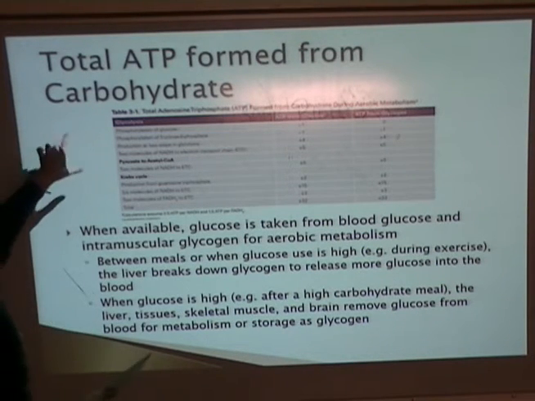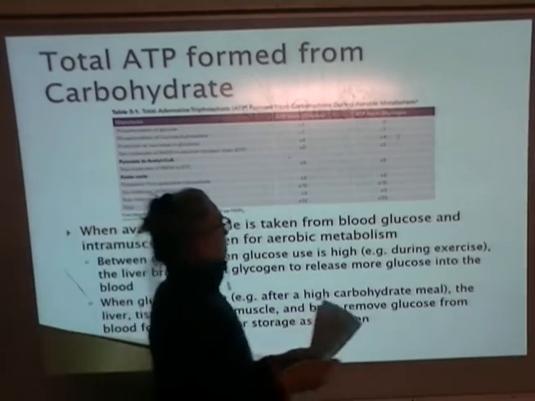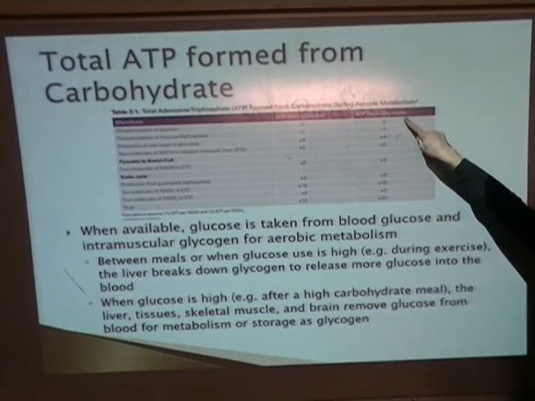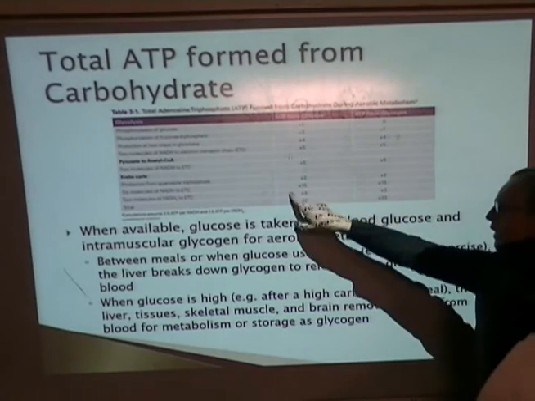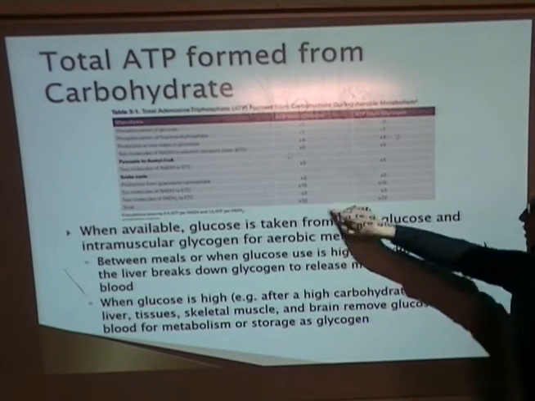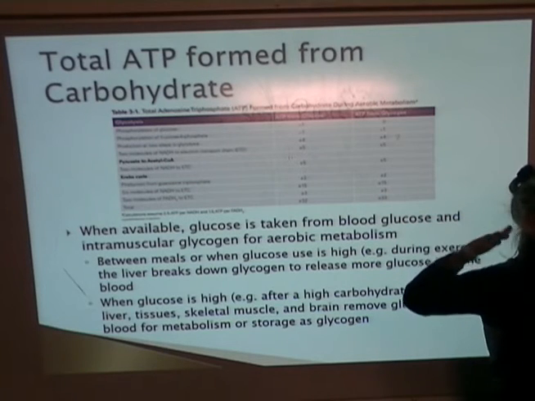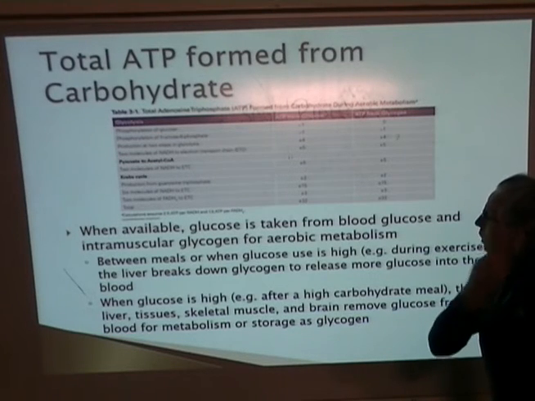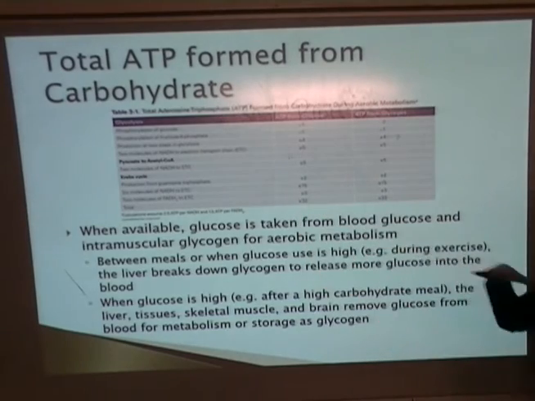If we break down carbohydrate, glucose or glycogen, then we end up with 32, 33 molecules of ATP in the end. Aerobic, right?